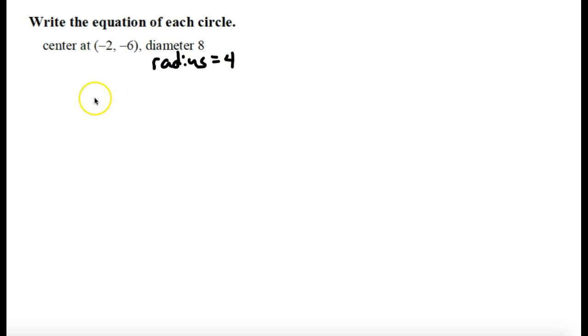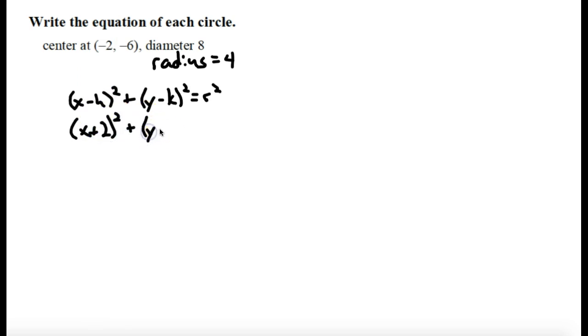Then we can do exactly what we were doing, plugging those three pieces of information into our formula. So we'll end up with x minus -2, so (x + 2)^2, plus y minus -6, so (y + 6)^2, equals 4^2, which is 16. And this would be the equation of that circle.